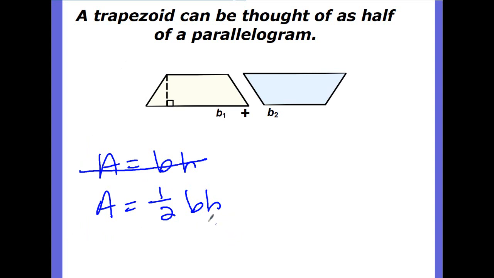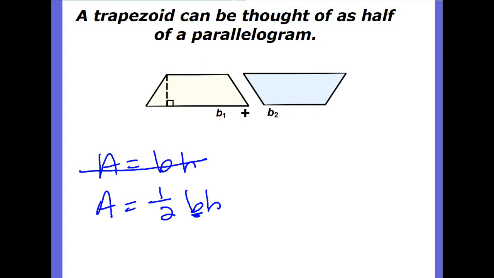The problem is the base length. Our base length is no longer the same size as that of the parallelogram, because when we split it in half, it cut up our base length into base 1 and base 2. We need to get this full base length back.